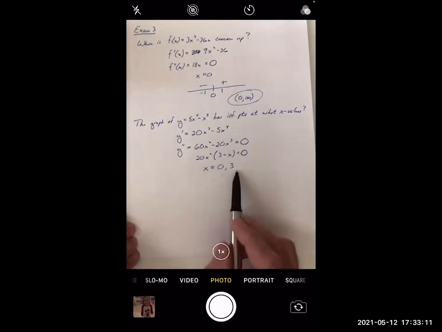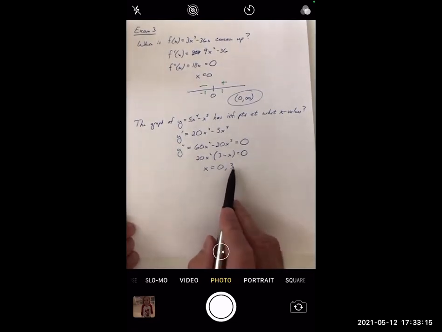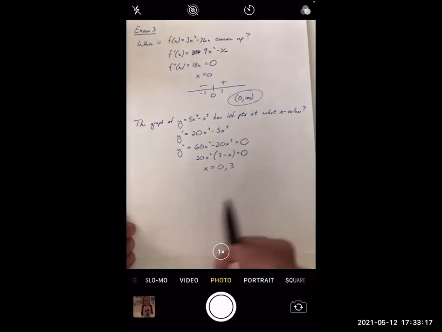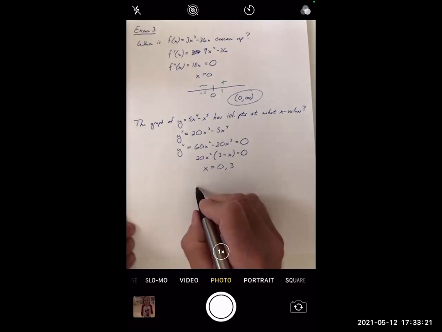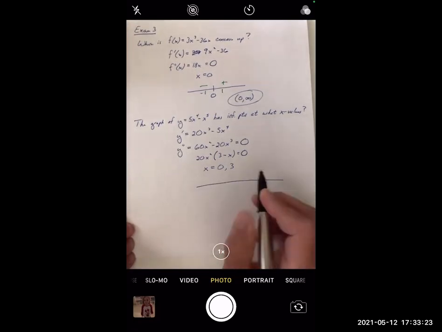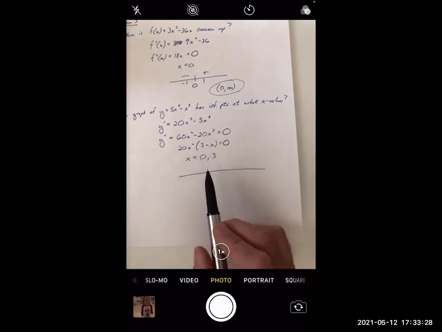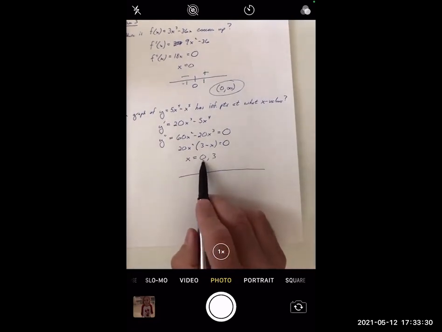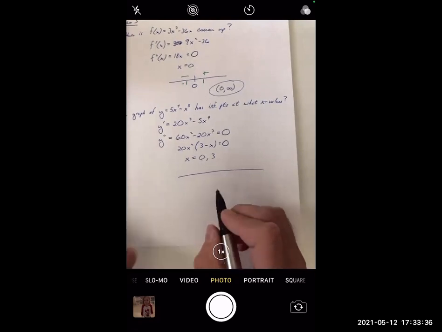Yep, you got to check to see if that concavity is going to switch at the 0 and the 3, because if it doesn't switch, then it's not an inflection point. If this was a multiple choice question, you better believe that one of the choices was 0 and 3. And it wasn't right because you had to check them.